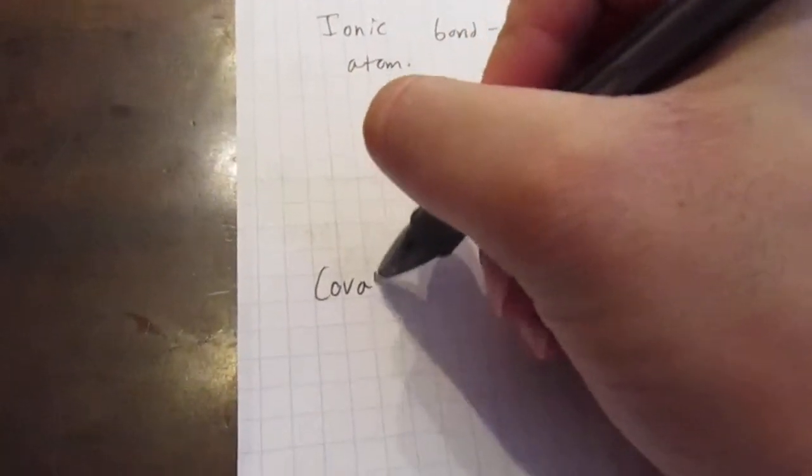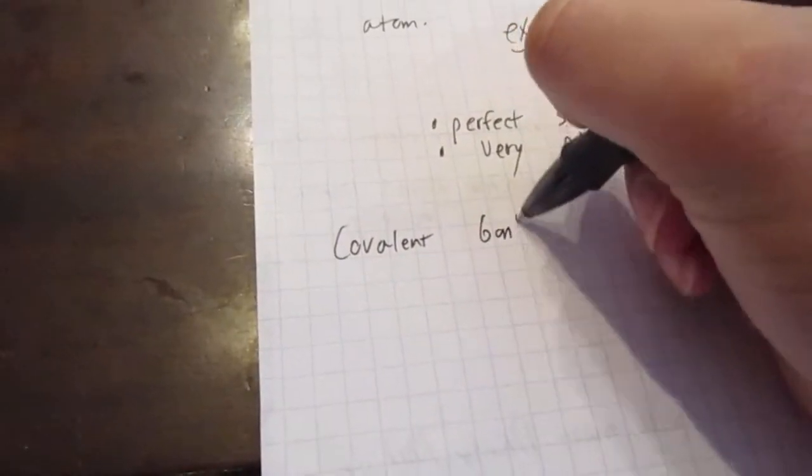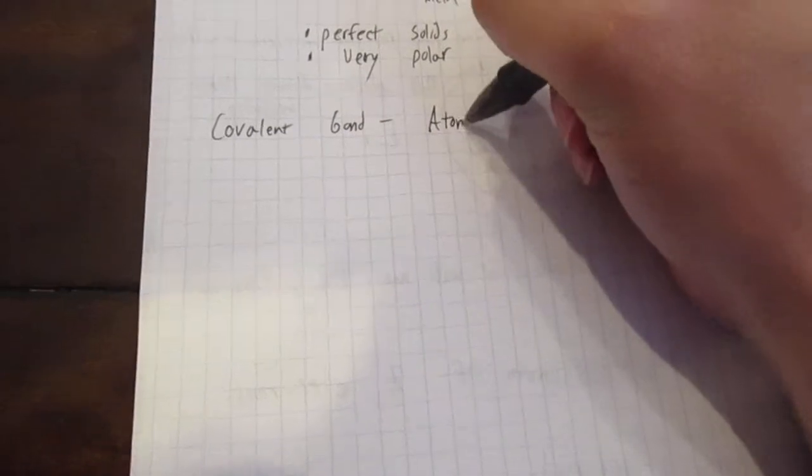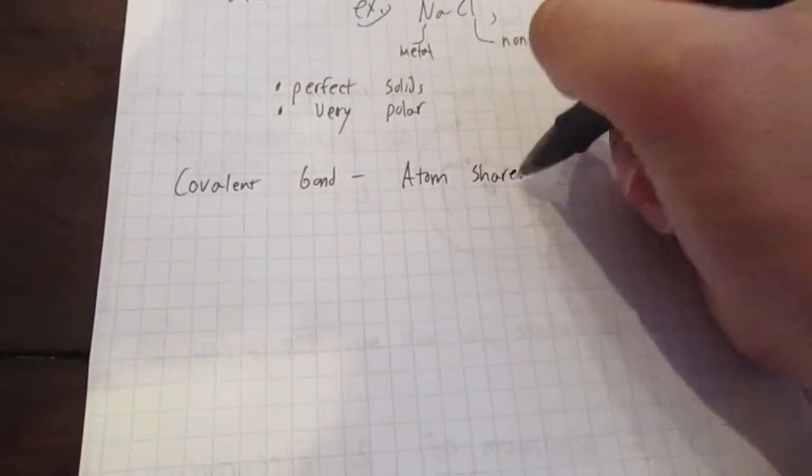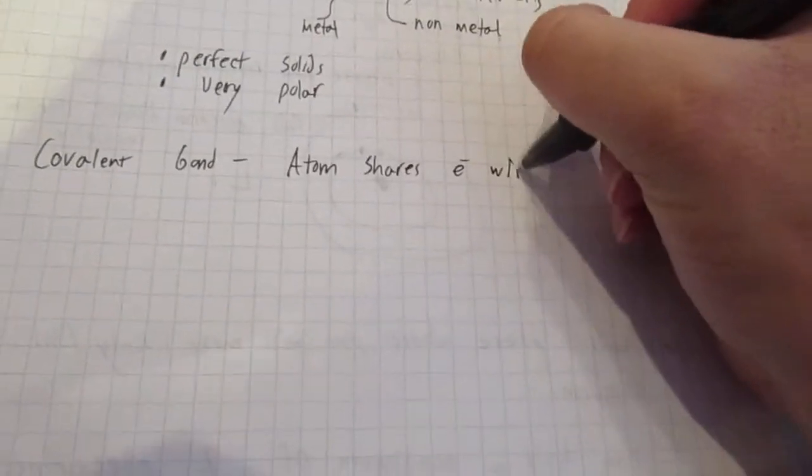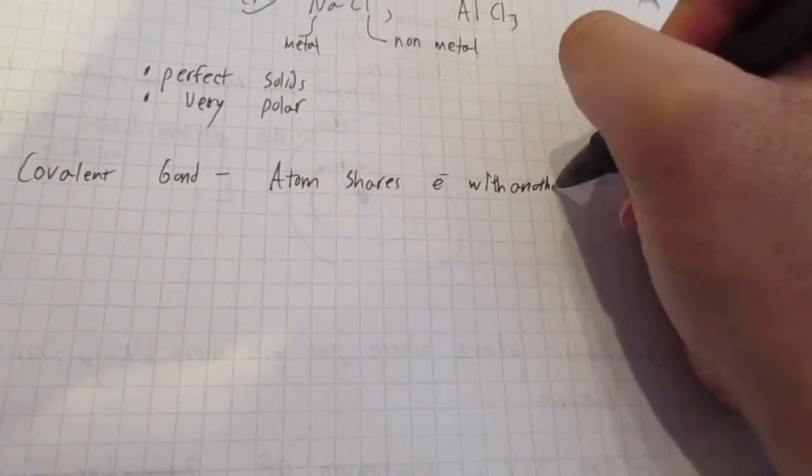Okay. Let's talk about covalent bonds. In this one, an atom shares electrons with another atom.